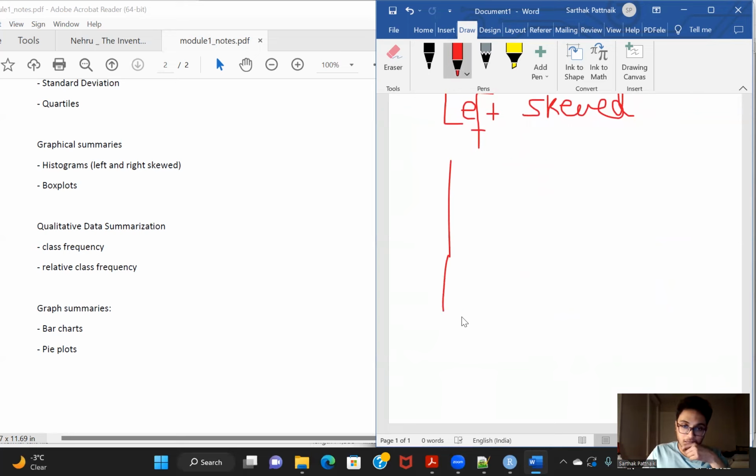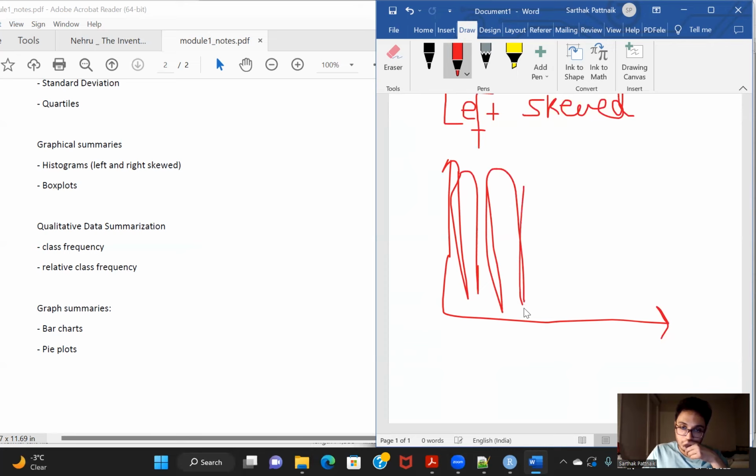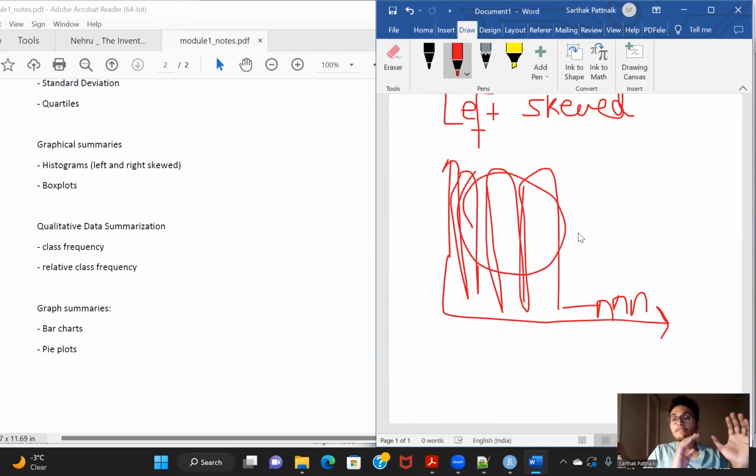There is another case where majority of observations fall on the left and slowly and steadily they decrease and you'll see very few observations on the right hand side. It is the opposite of what we studied previously. So when majority of observations fall on the left hand side, we call this right skewed.